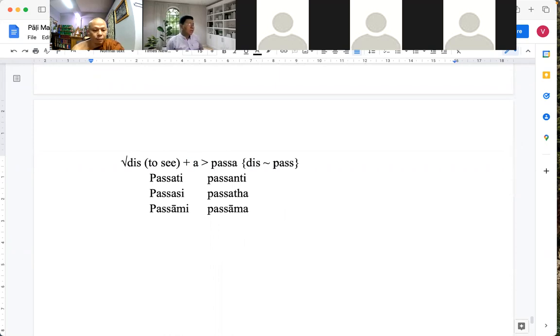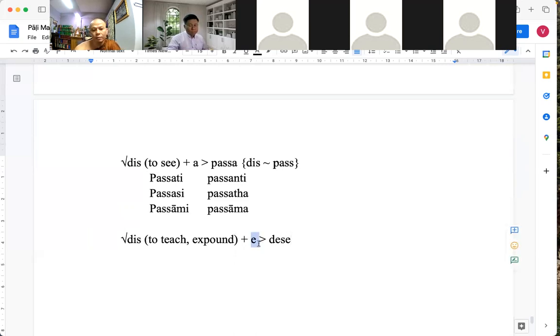But that root dis, to teach or expound, at the time sign is A. So we have the dese base.